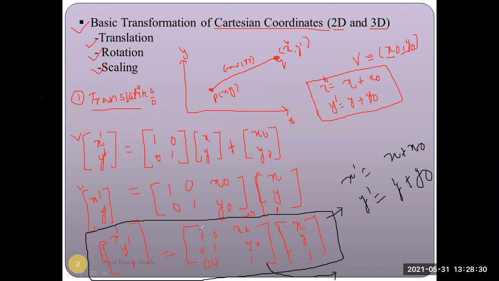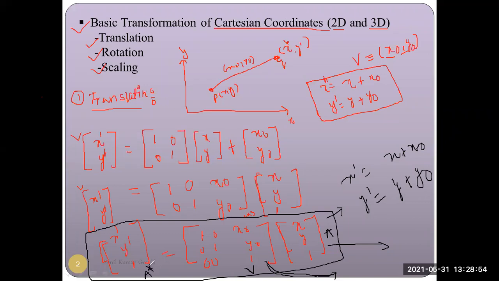This particular matrix is called the transform matrix. Now this is your original matrix. Suppose I say this is matrix A, and this is matrix B, and this is A star.